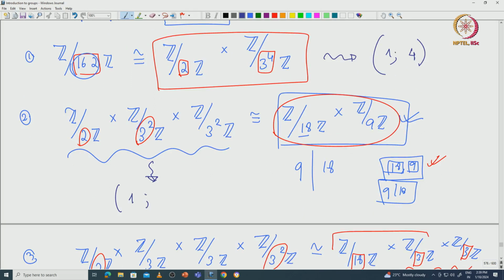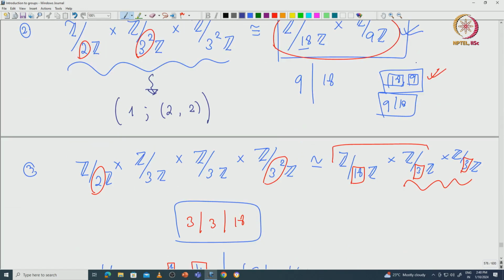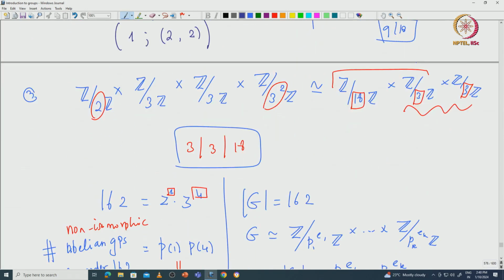Let me put this colon here to separate them. Then you have this 2 2. What about this? This corresponds again to 1 colon, 1 1 2, and you write it as 2 1 1.